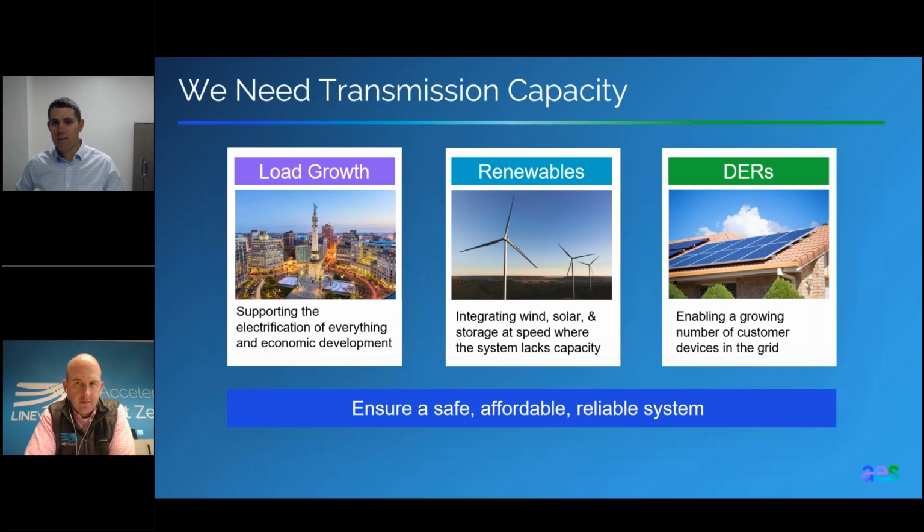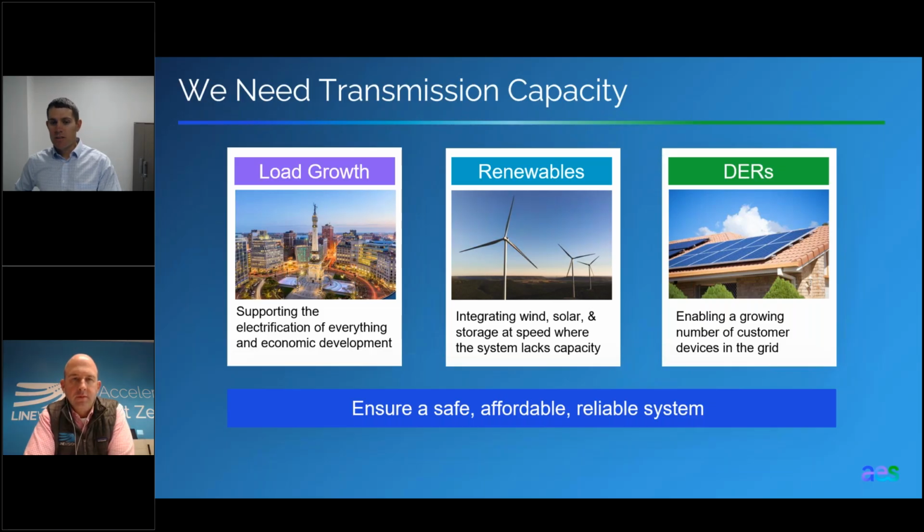From electrification of everything, from transportation, electric vehicles, heating, new load that we're seeing come into the United States through the industrial policy in the Infrastructure and CHIPS Act and other policies, as well as data centers and new manufacturing to support the green industry, such as battery manufacturing, which we'll talk a little bit about later. And these jobs and these businesses require more energy.